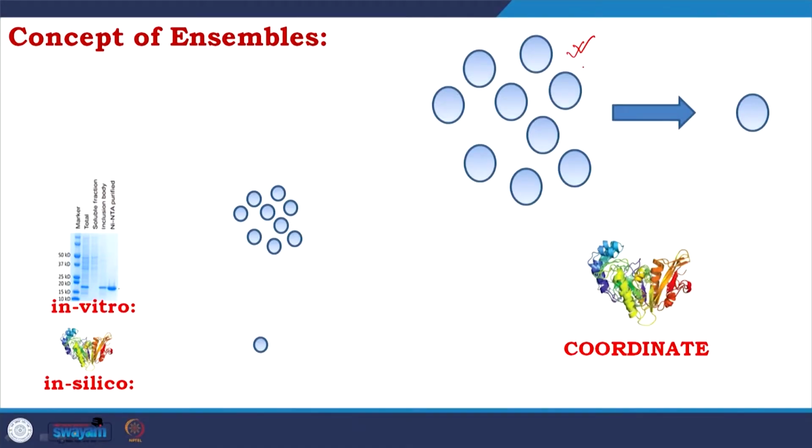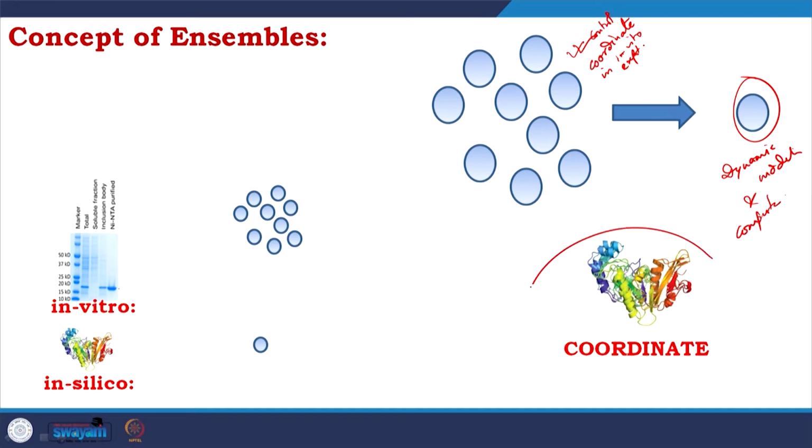In addition, here mostly we cannot control or operate coordinates in in vitro experiments, whereas in dynamic modeling or any computational study, we could control the change of the coordinate.